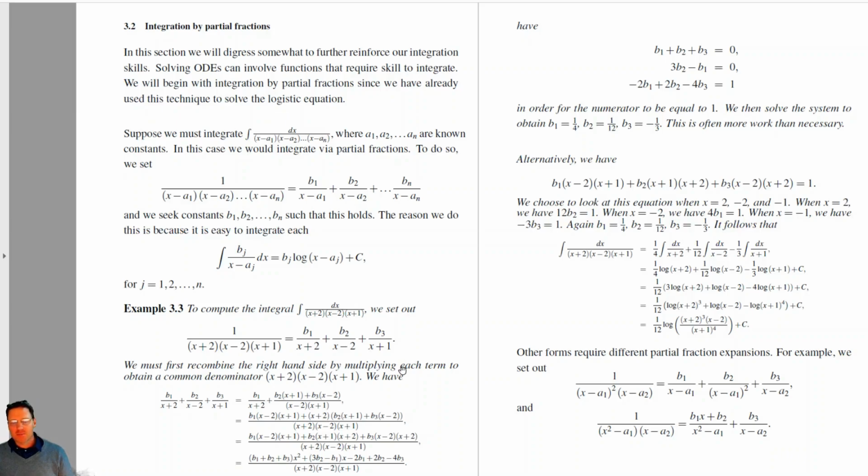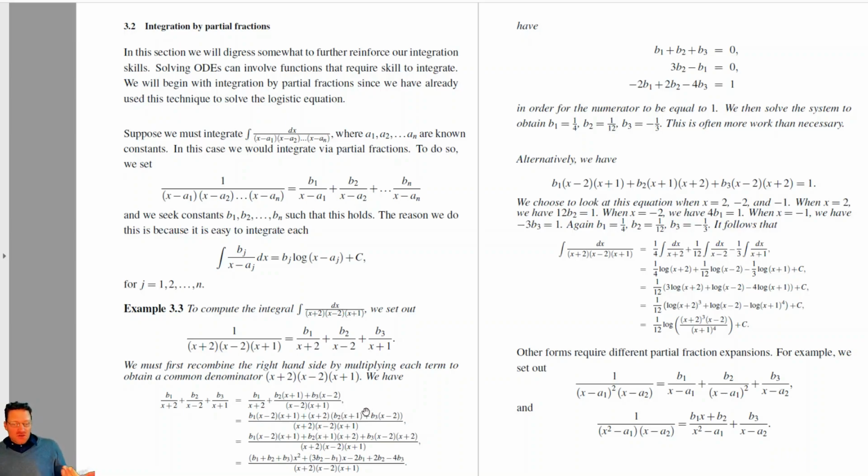And now our next step is to recombine this to have a common denominator that's the product of those three functions that we have in the denominators. So we essentially cross multiply. If we first handle the two on the right there, cross multiply those two, then we get b2 times x plus 1 plus b3 times x minus 2.